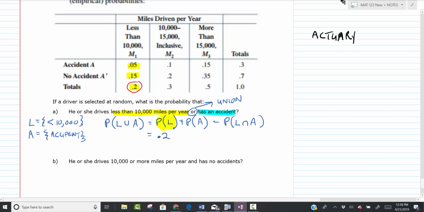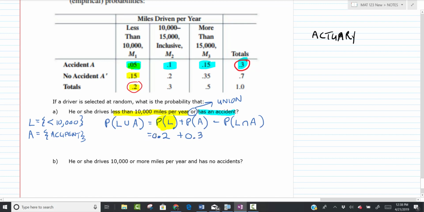The second part is the probability that you have an accident. The people that have an accident go this way, and that grand total is 30% of your drivers have an accident. So I write down that probability as 0.3.